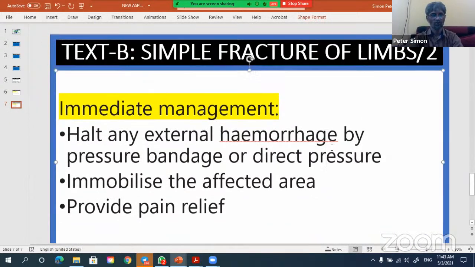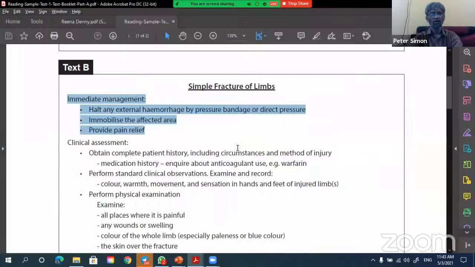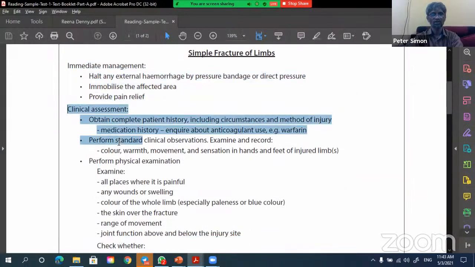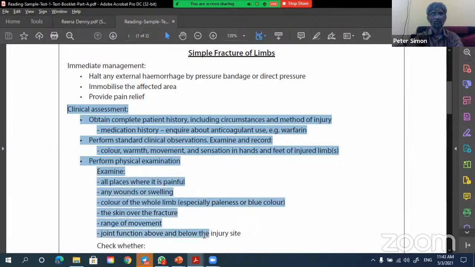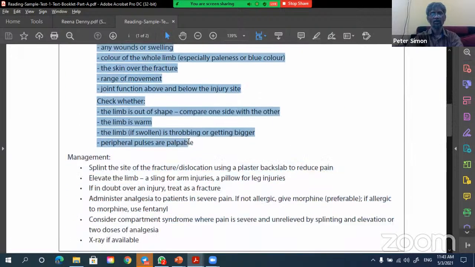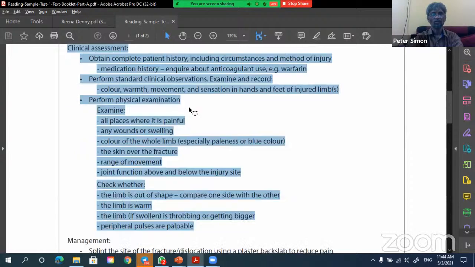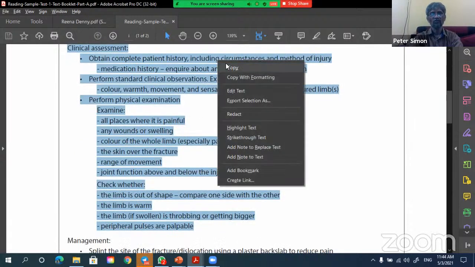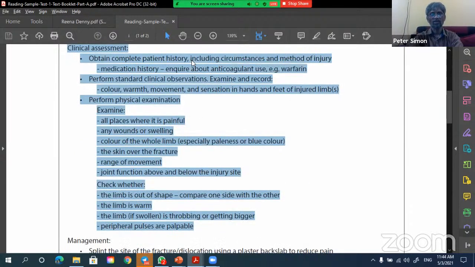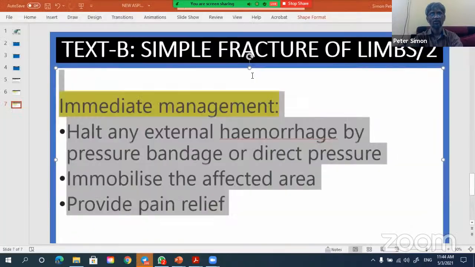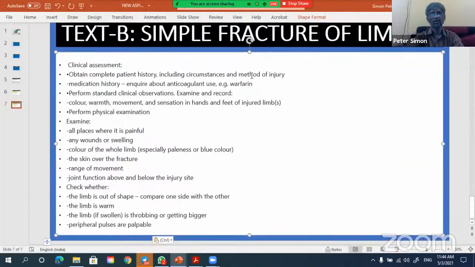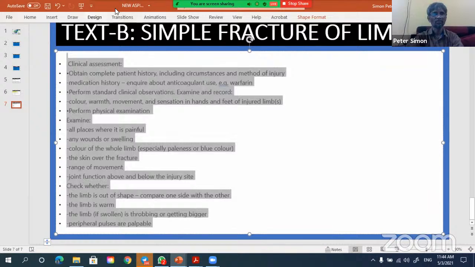Right. Next one, we don't need to read all these things. I'm just making slides for you. Next one is clinical assessment. Assessment means before, just assessing. So we can write here clinical assessment.